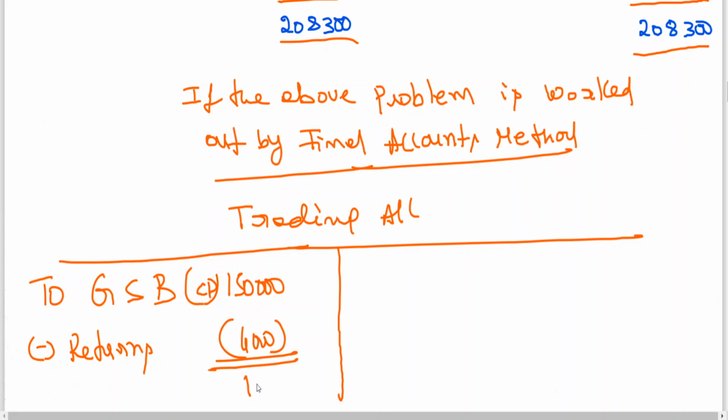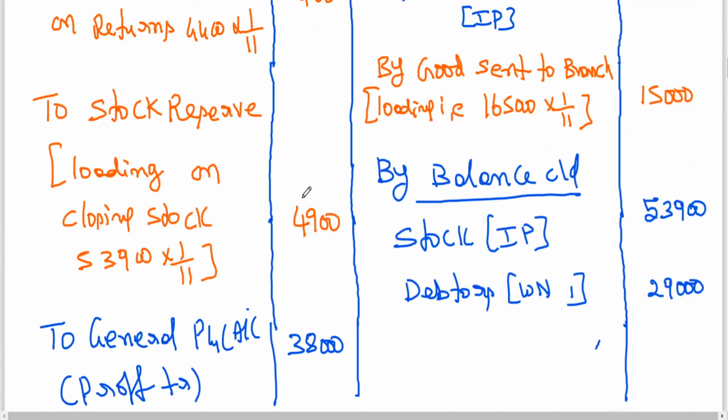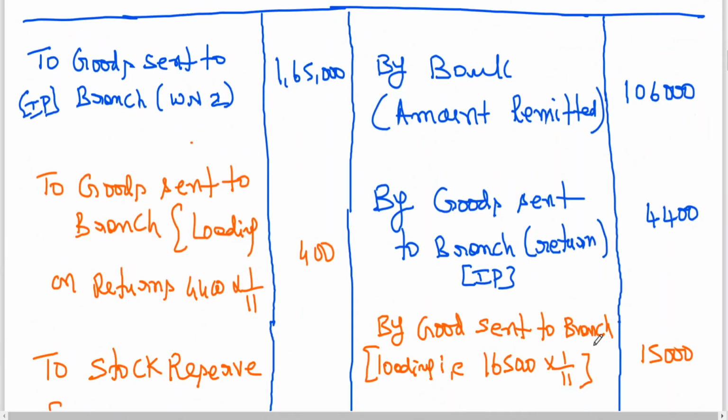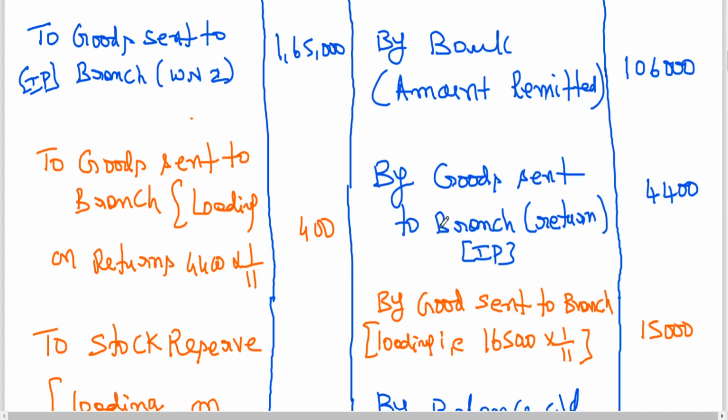It is coming to 1,46,000. How, sir? You can see, 165 minus 15, 150. 4,400 minus 400, 4,000. So goods sent to branch 165 minus 15, 150, 150 minus 4, 146.